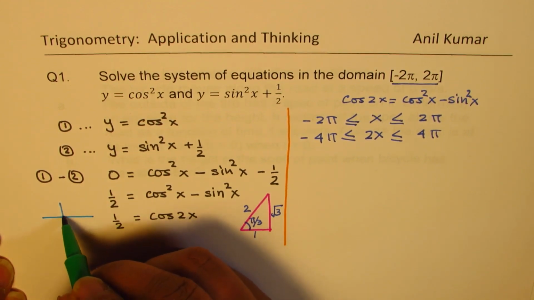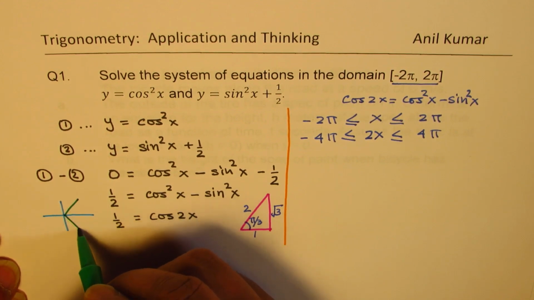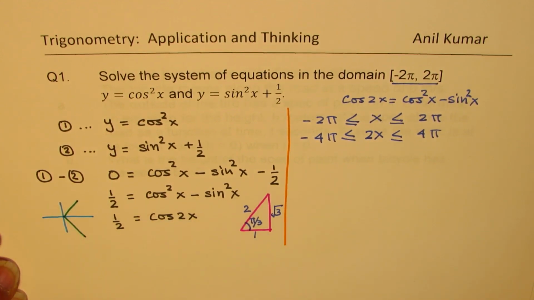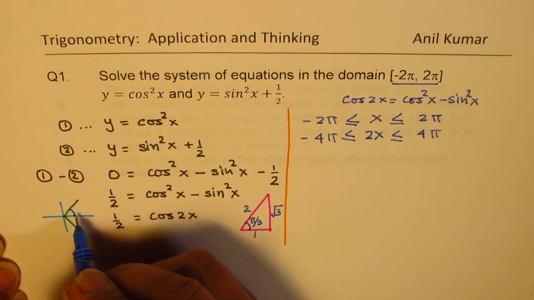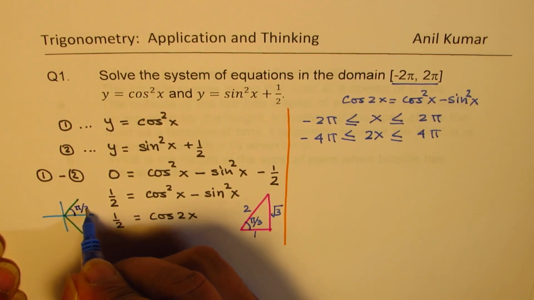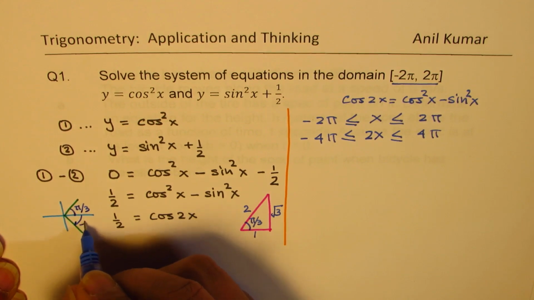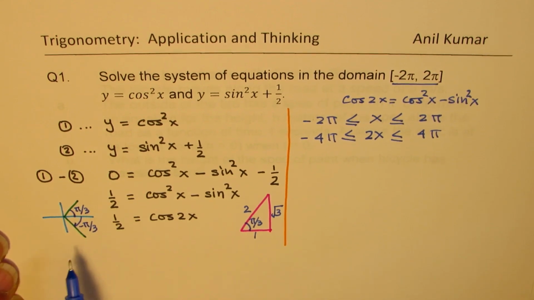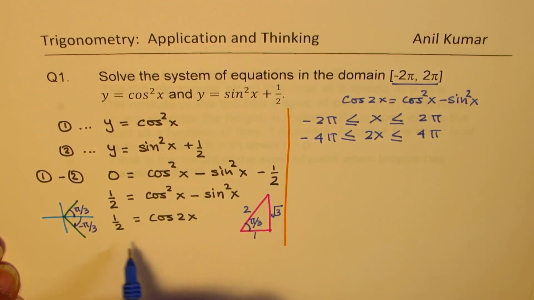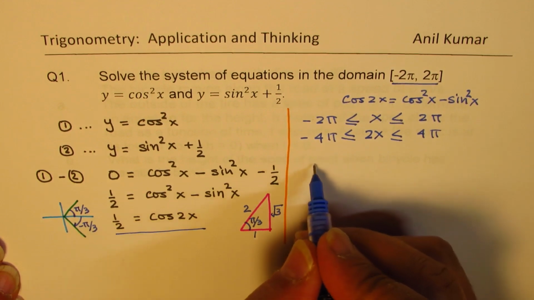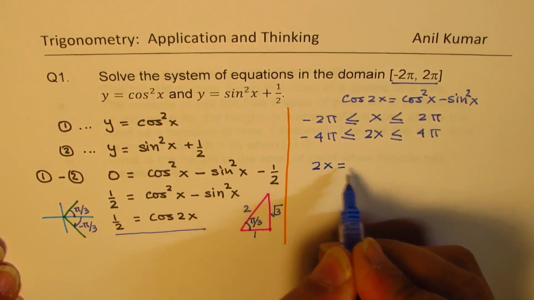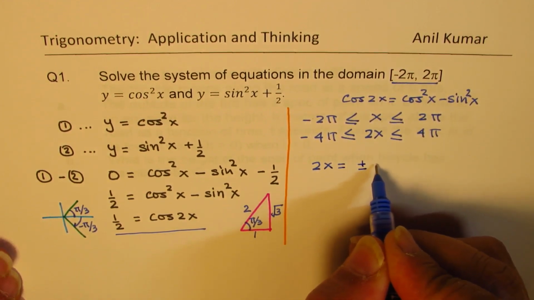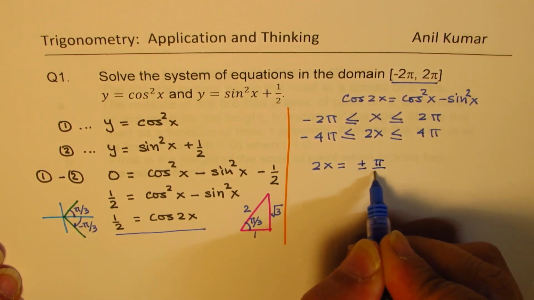The other one has to be quadrant 4, right? So these are the 2 quadrants. And the value for 2x is going to be either pi by 3 or minus pi by 3. Is that clear to you, right? So plus and minus pi by 3, correct? So what we get from here is that 2x should be equal to plus minus pi by 3, right?